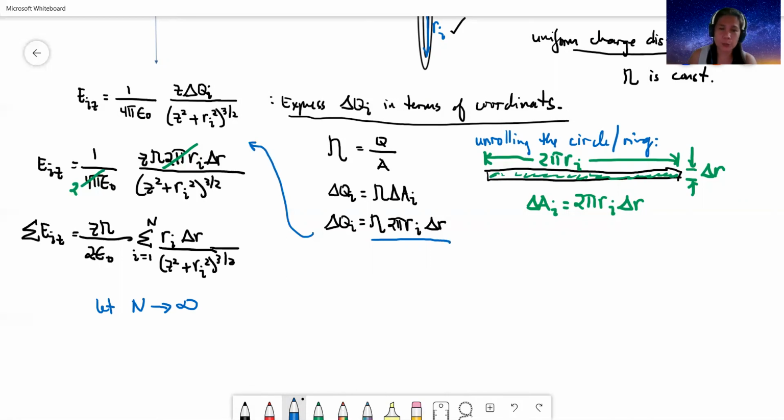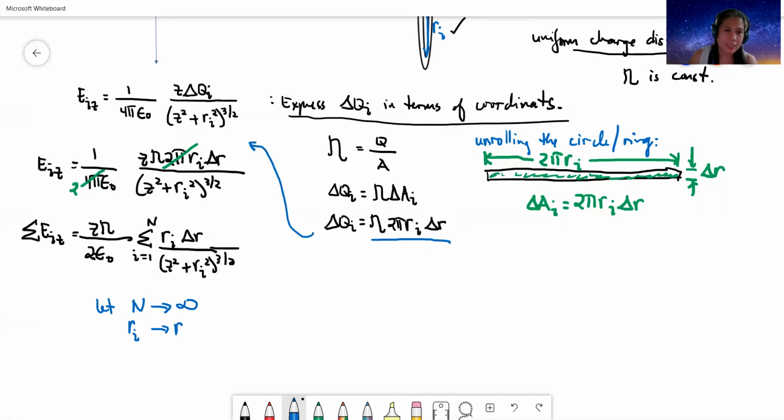This is a clue that we need to transform into integral calculus. So what's the implication? If n now approaches infinity, then what used to be a discrete r sub I will become a continuous variable, just r.